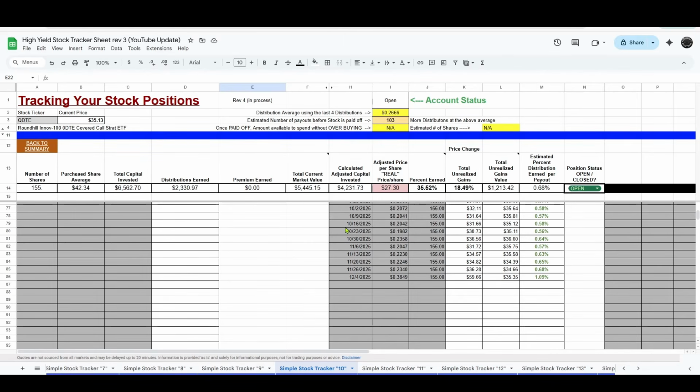Now that does not mean that you need to jump all in on these high yield ETFs, as you do have to give them respect, because if you do not play them right, they can destroy your account. And that's why my method helps to give you the best chance to stay ahead of any price declines. And in some cases, you're just trying to stay up with the price decline.